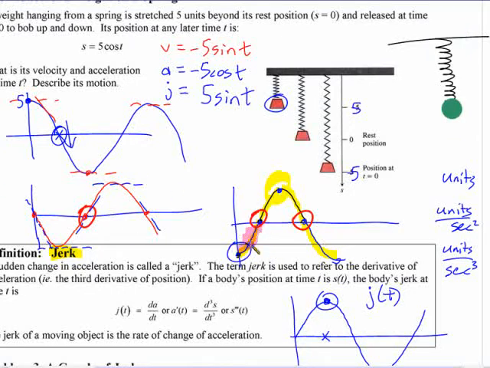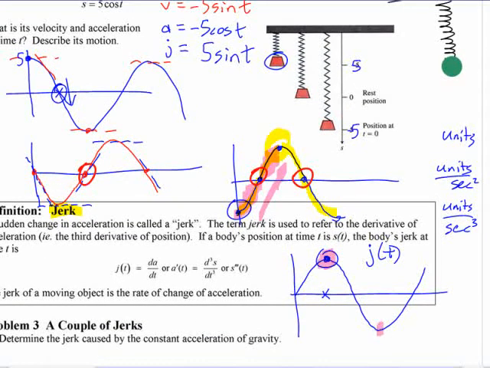The acceleration is negative. It's becoming positive. At this point, that's where the jerk is the highest. It's because the acceleration is having a change the most that way. When it's going the other way, down here, this is where it's the most negative because this is where the acceleration is changing in that direction. It's hard to wrap your head around what that means. Okay?